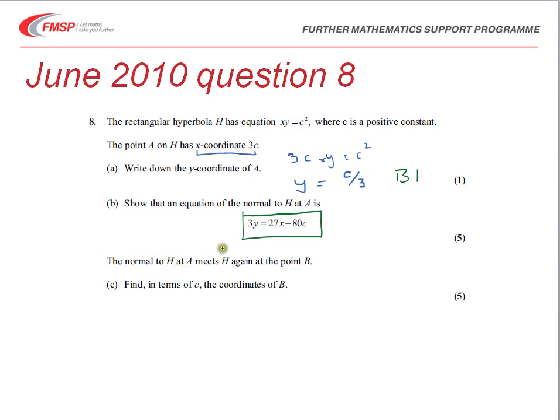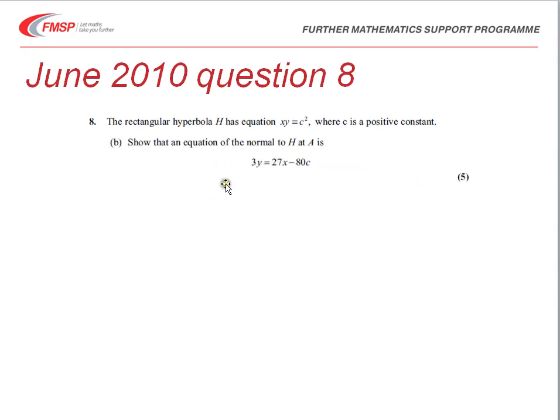The question goes on, once we've proved that, to find where that normal meets the hyperbola again. So if you can't do part B of the question, they've been quite kind here and given you the actual equation of the normal. So if you can't get that, then it is still possible to go on and do part C of the question.